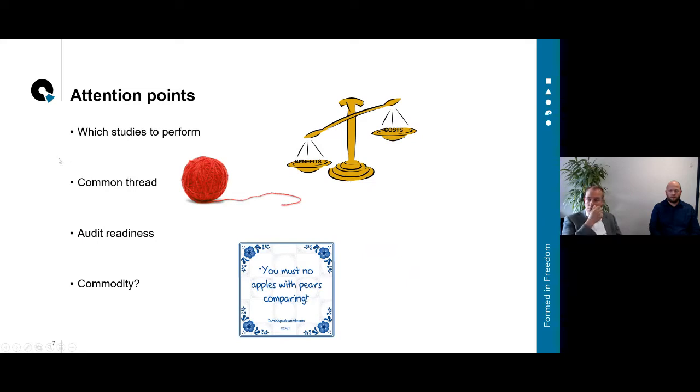That brings us also to some attention points. So the first here is which studies to perform. The background is that we see sometimes a tendency of companies producing more and more studies over time. Well, you could ask yourself, is that really beneficial, and does the cost-benefit analysis weigh out?